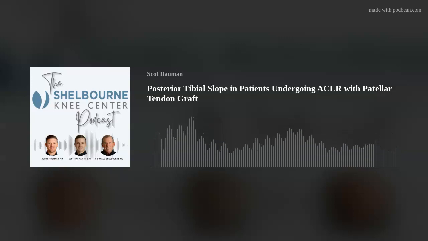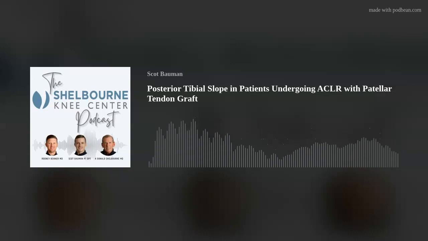And then as there have been some studies that have shown increased failure rates with hamstring grafts, some people have started to gravitate back towards patella tendons or onto quadricep tendons to try to account for that, or to add other types of techniques such as anterolateral ligament reconstruction or augmentation with an allograft along with the hamstring graft to try to compensate for what seems to be a pretty reproducible increased failure rate with hamstring grafts.